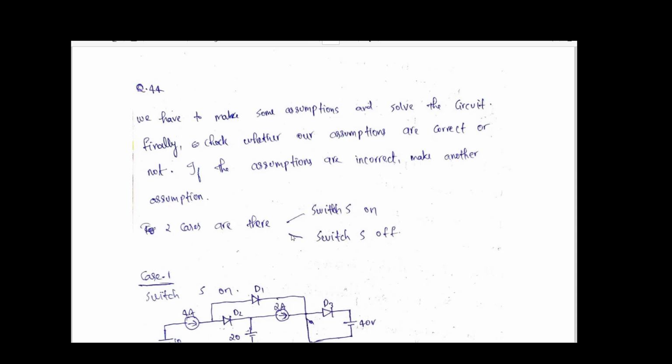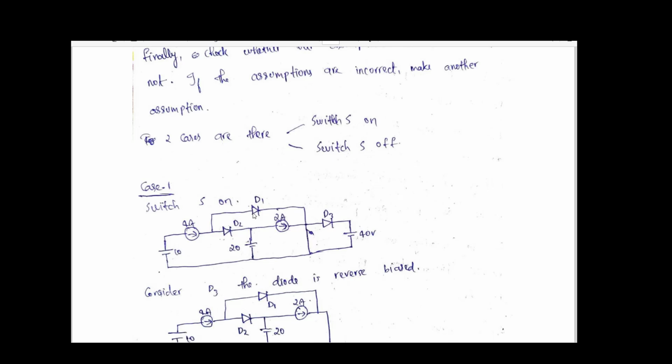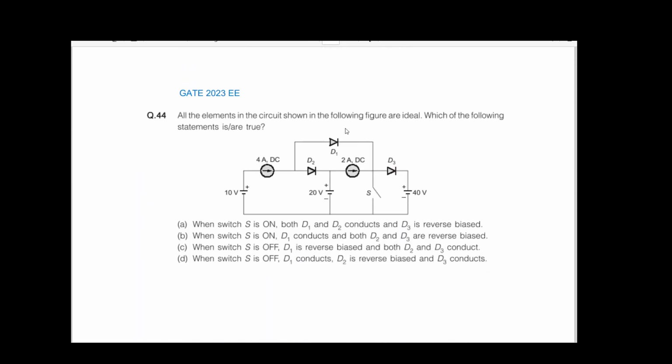Here, what we have to do is make some assumptions and solve the circuit. That's the basic procedure for this solution. And finally, we will check whether our assumptions are correct or not. If our assumptions are incorrect, then we have to make another assumption. That means in the circuit, we don't know which diodes are forward biased or reverse biased.